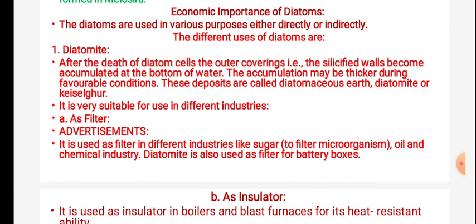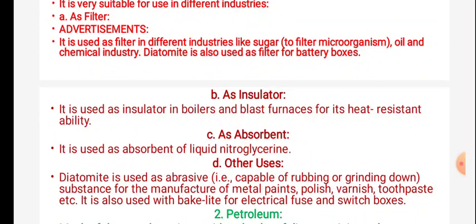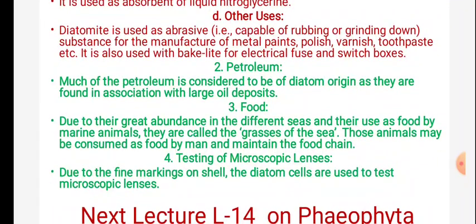It is very suitable for different industries, where we use it as a filter: in sugar, filtering microorganisms, oil, and the chemical industry. It is also used in battery boxes, as a heat resistant insulator, and as an absorbent for liquid nitroglycerin. It also has other uses, like as an abrasive, capable of rubbing or grinding.